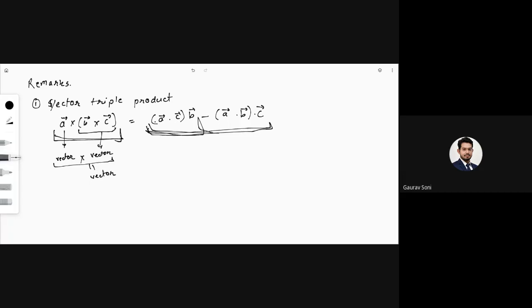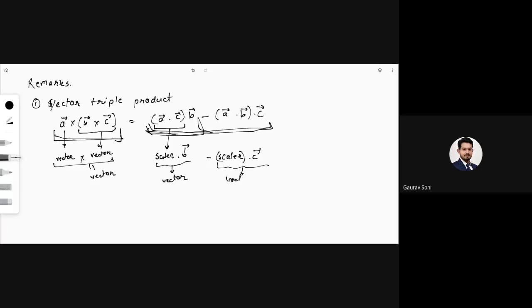If you look at the right hand side, A bar dot C bar is a scalar. A scalar is multiplied to the vector B bar, so it is a scalar multiplication and the result is a vector. Similarly, on the right term, A bar dot B bar becomes a scalar that is multiplied to a vector, which is totally a vector.